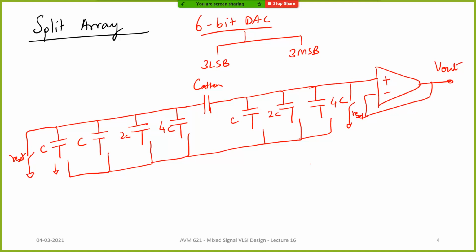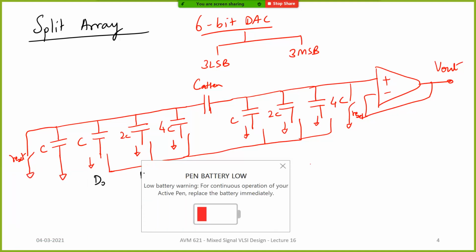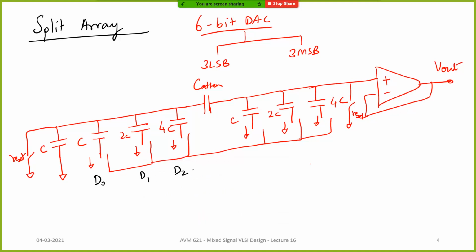Now what is claimed is, let me just finish this grounding. Let's say this is D0, D1, D2. This portion is just like your normal capacitive array. And after the attenuation, when you go from the left to the right, this becomes D3, D4 and D5.